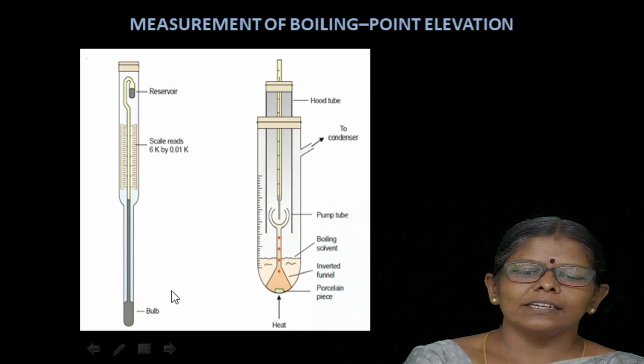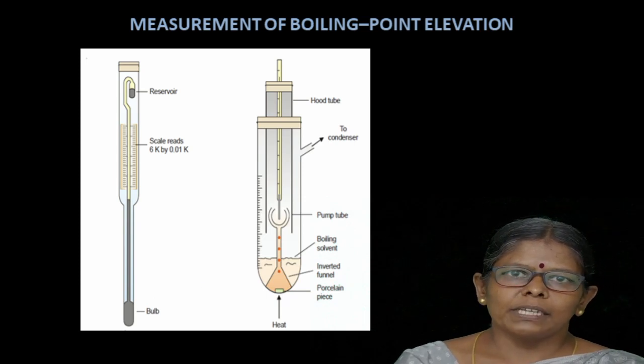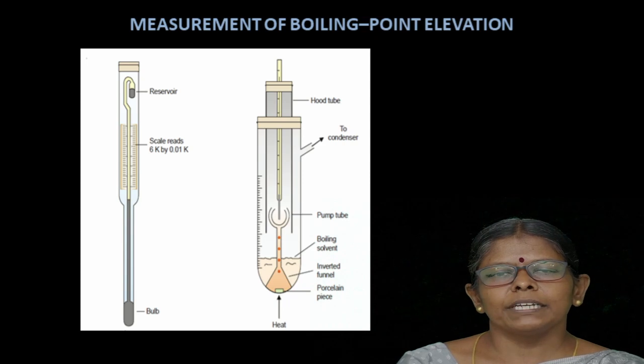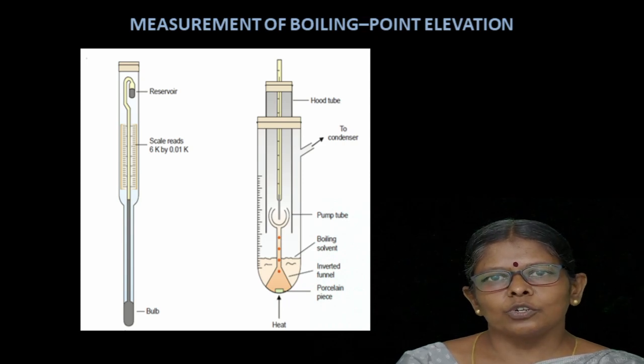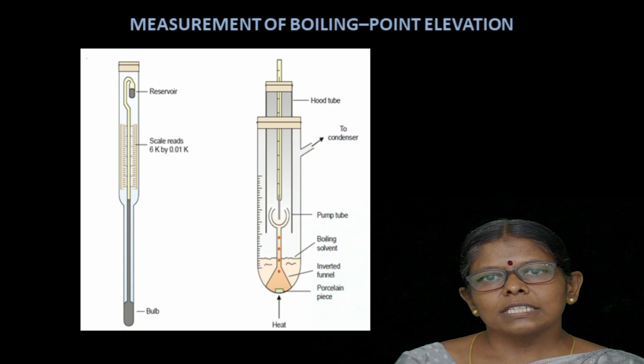It is entirely different from the normal thermometer. In the normal thermometer, the readings are from 0 to 110 degrees Celsius or from 0 to 360 degrees Celsius with a resolution of 0.1 degrees Celsius, whereas the Beckmann thermometer is called a differential thermometer. We cannot find the original temperature using it; we can find only the difference in temperature.